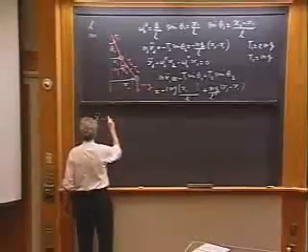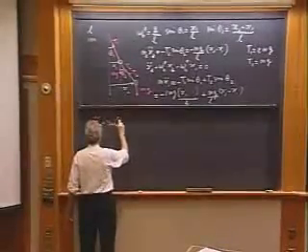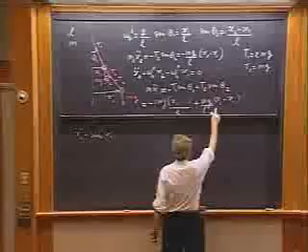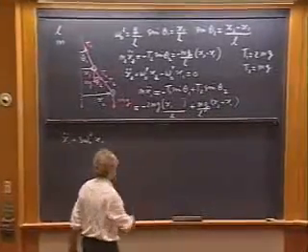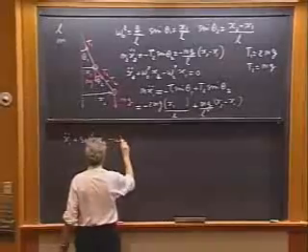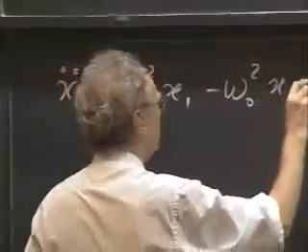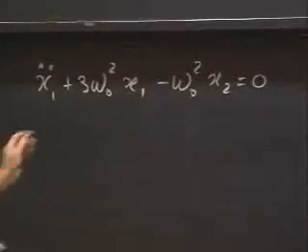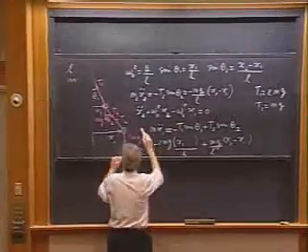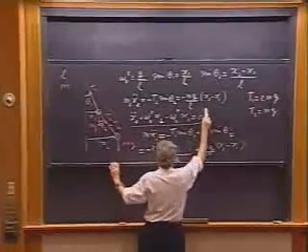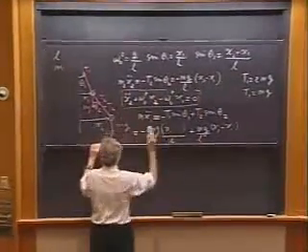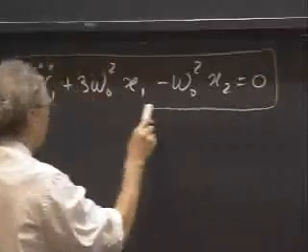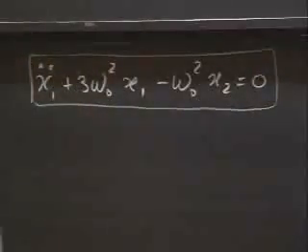So I get plus 3 omega 0 squared times x1. And then I have to bring x2 out. That becomes minus omega 0 squared times x2, and that equals 0. And so we have to solve now this differential equation coupled with x1 and x2 together with this one. My solution has to satisfy both.